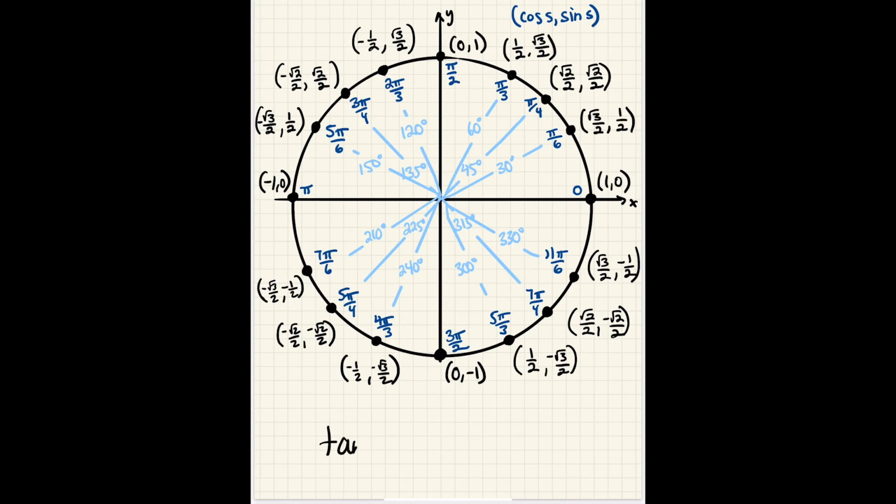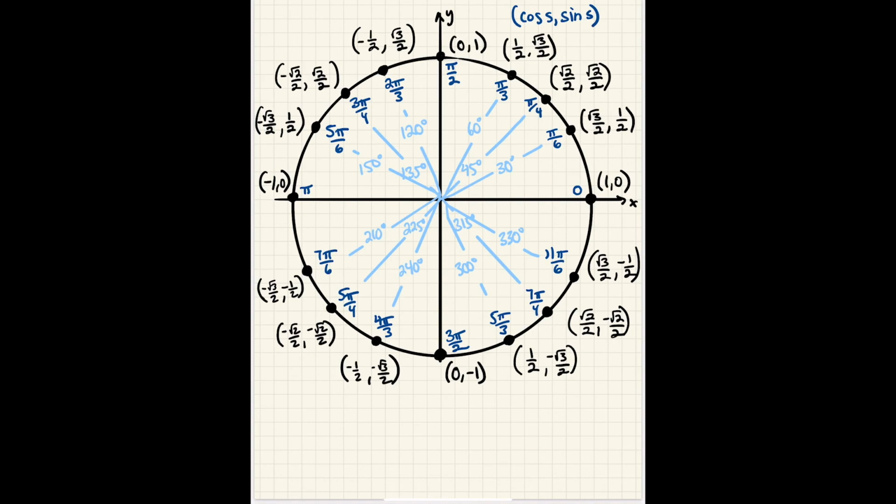How about tangent of pi over 2? Okay, well, pi over 2 is right here. Tangent will be y divided by x, so we would go 1 divided by 0. Oh, well, we know we can't do that. So we'll just say that tangent of pi over 2 is undefined.